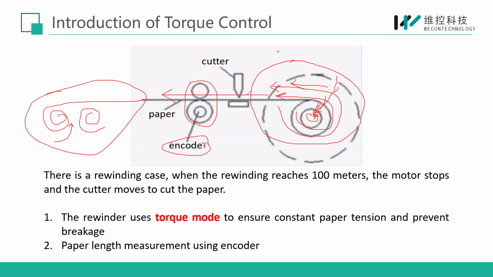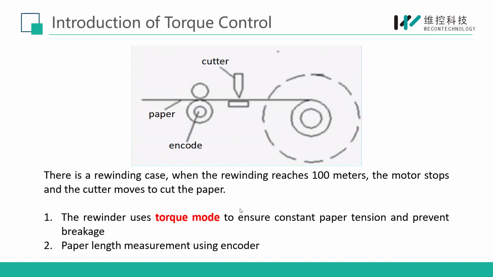With torque control, we can ensure the tension of the paper is always a constant value, so the paper is not too loose or damaged. If the speed here increases, the speed there will always increase to keep the tension constant. So in this application, we will use torque control.